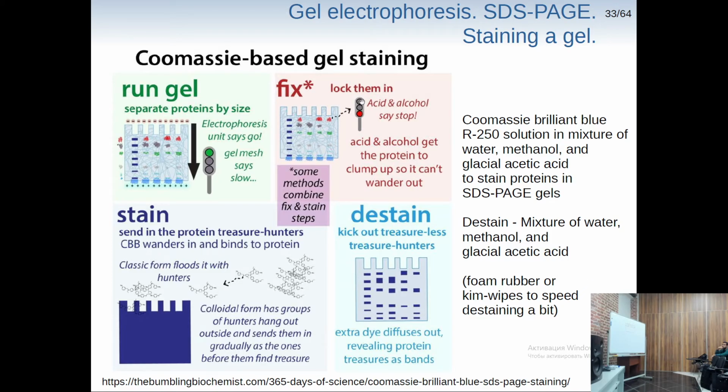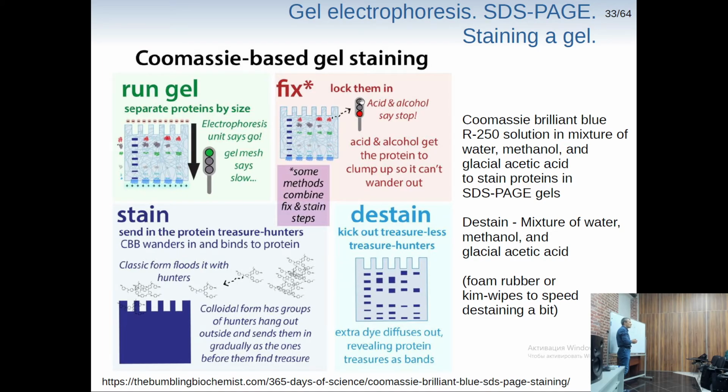If we have our gel after electrophoresis, what do you think? Will it stay the same after some time? Or what would happen with our proteins? Will they stay there, or will they try to diffuse? Diffuse, right. So if we want to stain our gel, we first have to somehow fix our proteins inside the gel, right?